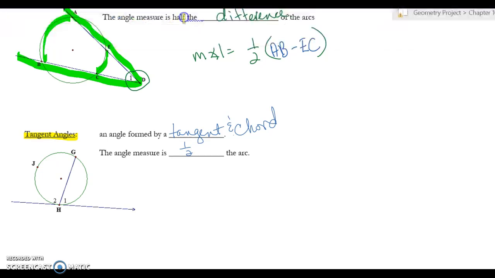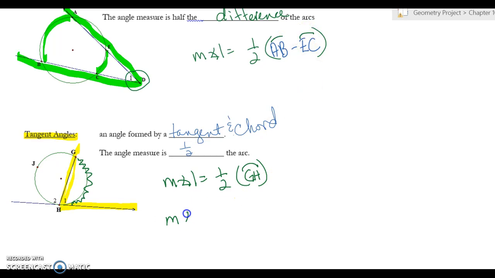Okay, so here is my angle, angle 1. The measure of angle 1 is equal to half of the arc. And the arc made by angle 1 is right here. So it's half of GH. I should put arcs above those things. I forgot to do that.